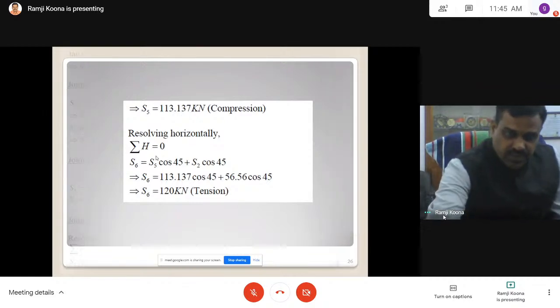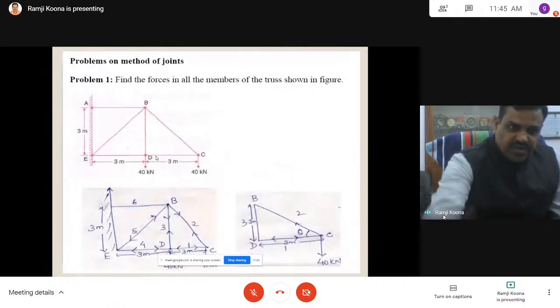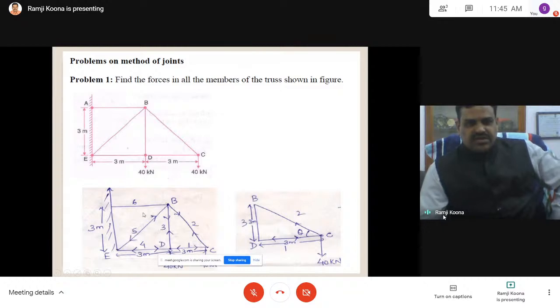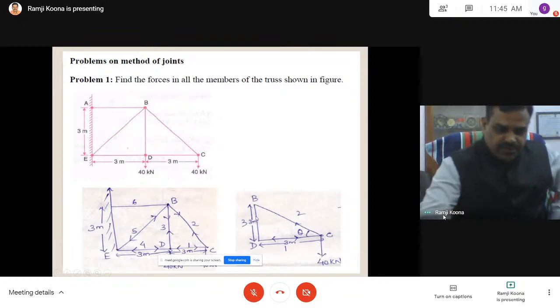Finally, you can represent the truss, whatever you got, tension or compression, away from the joint or toward the joint, depending on how we are considering the problem. Like this we try to represent.